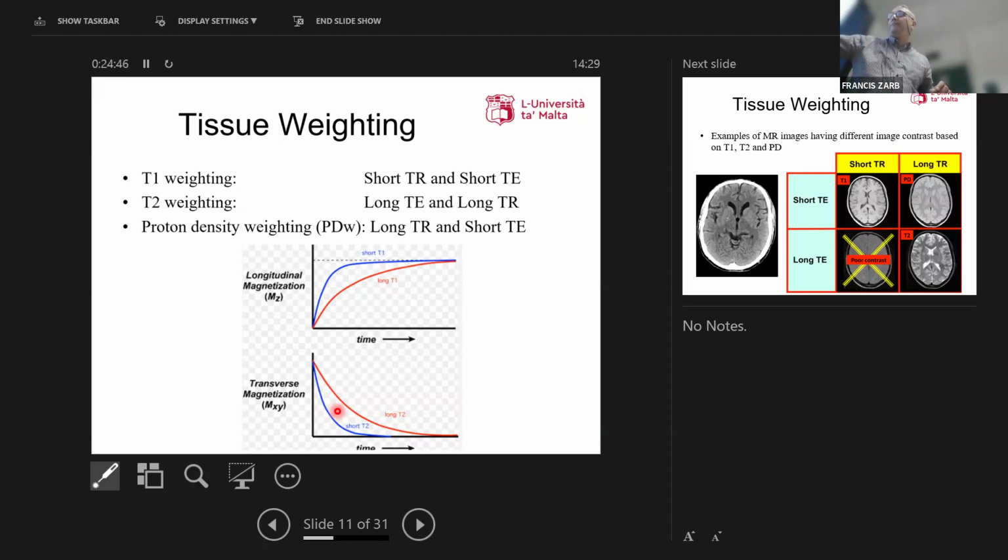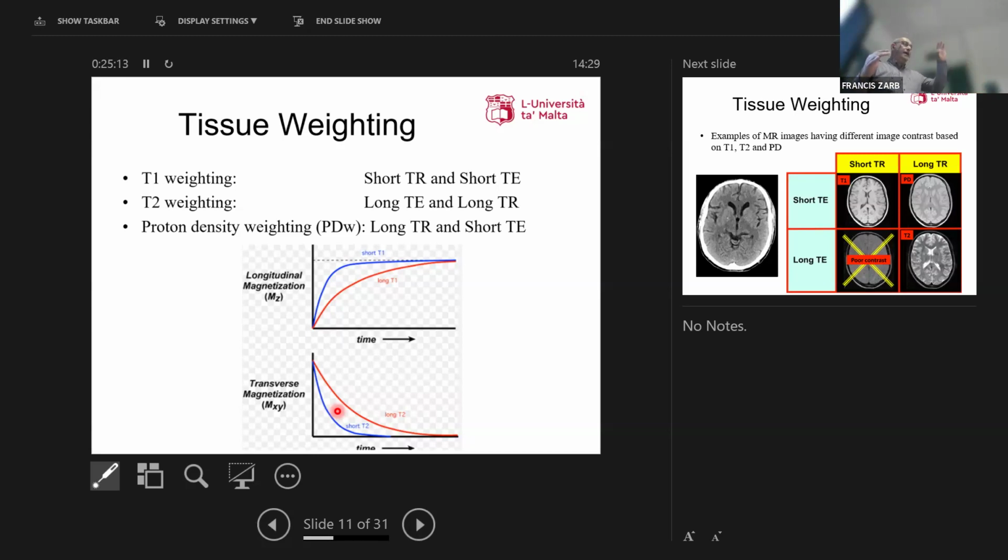So the changes are not based on either T1 or T2. The signal would be coming only from the amount of hydrogen protons within the tissue. If I have more hydrogen protons, the signal is going to vary, because you're going to have a higher signal than a tissue which has less. And that is proton density weighting, which is somewhere in between.